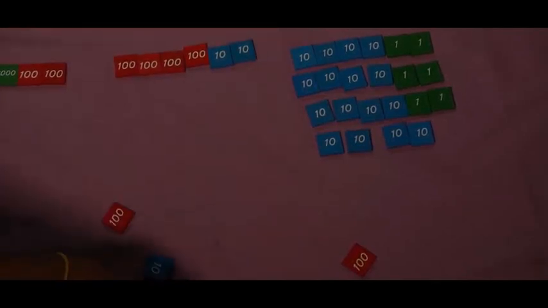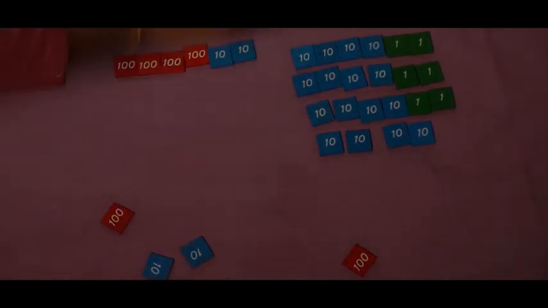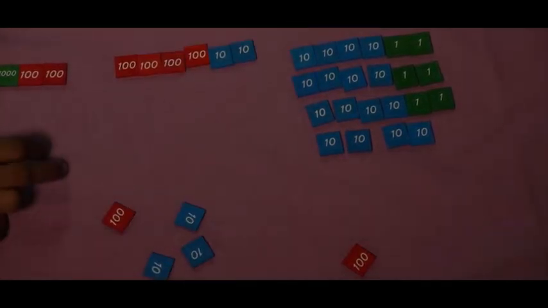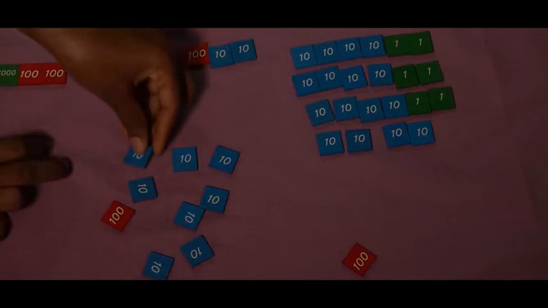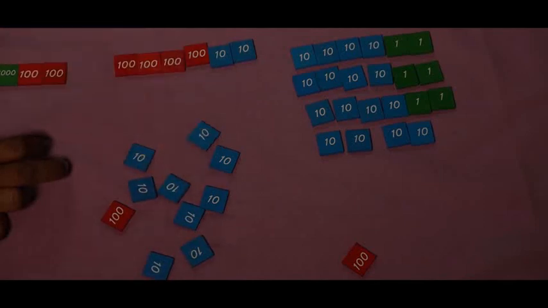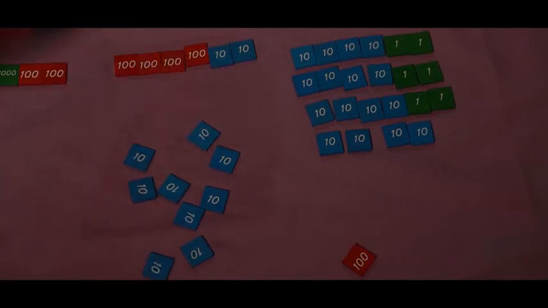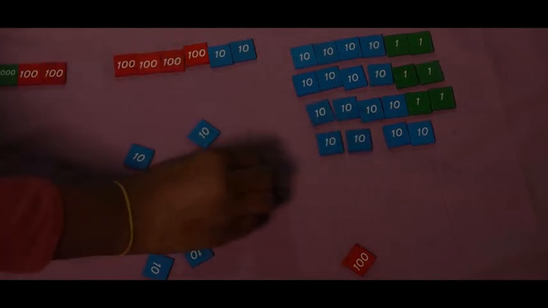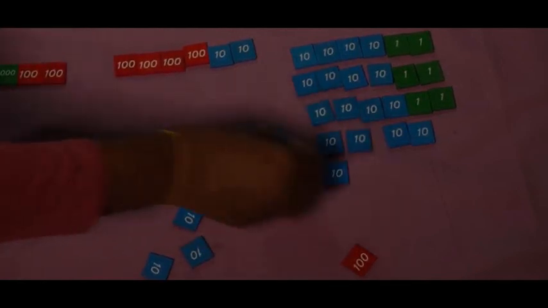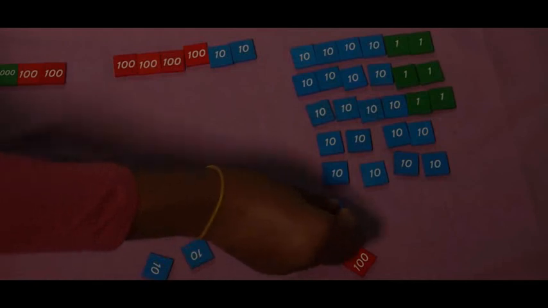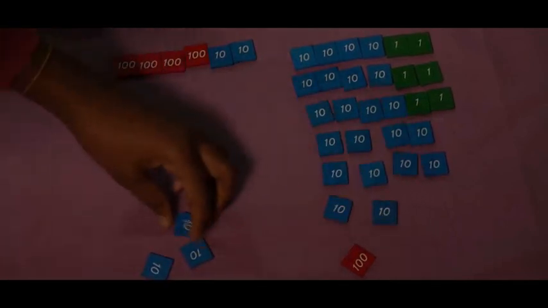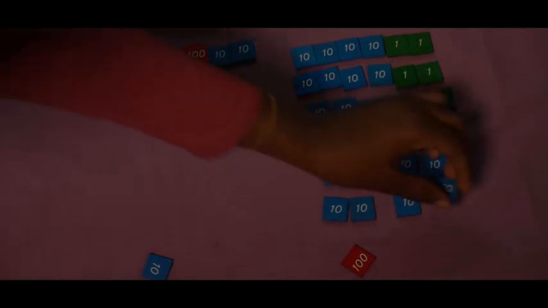1 ten, 2 tens, 3 tens, 4 tens, 5 tens, 6 tens, 7 tens, 8 tens, 9 tens, 10 tens. So 1, 2, 3, 4.